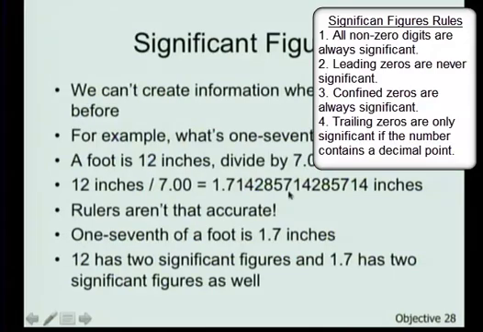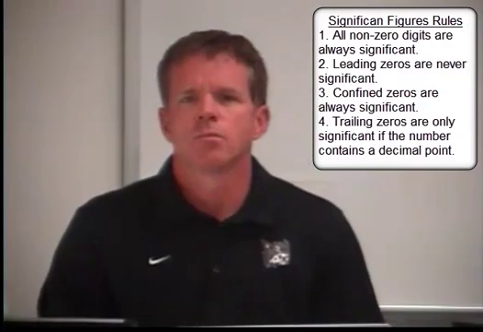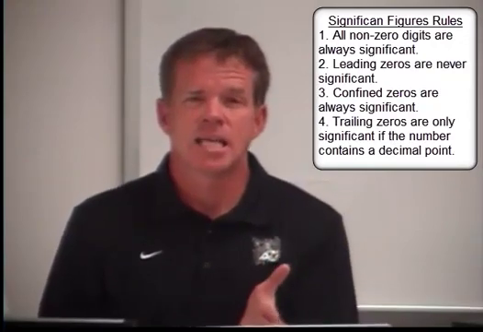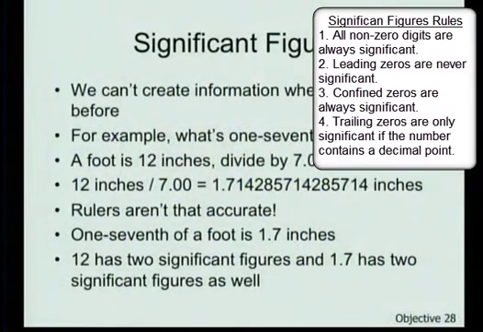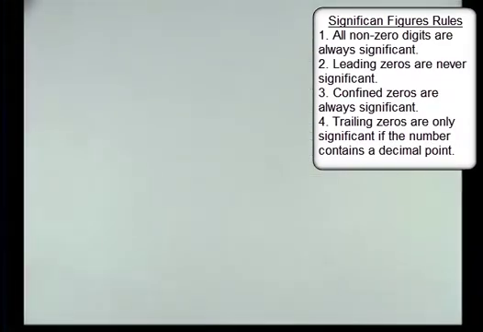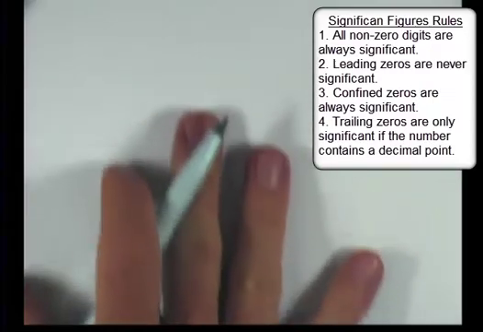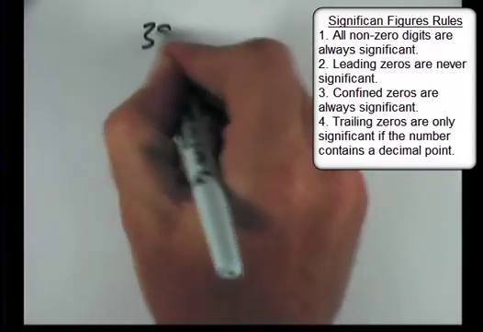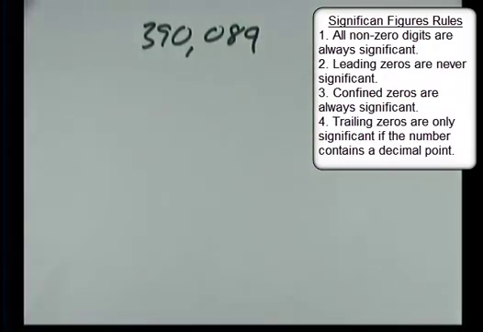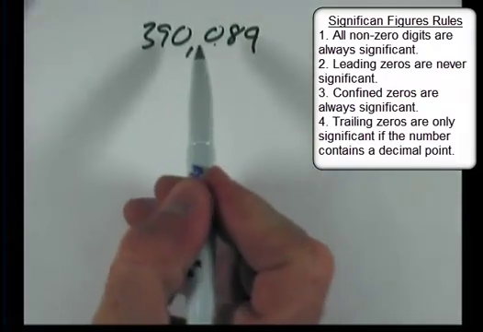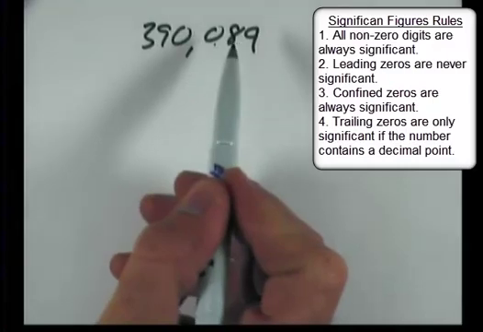If there are zeros within a number, so let's say you had the number 390,089. Let me write that so you can visualize that a little bit. Well, let me get this piece of paper out of the way. So if you had 390,089, these zeros do have values within that number. It gives us what that number is.